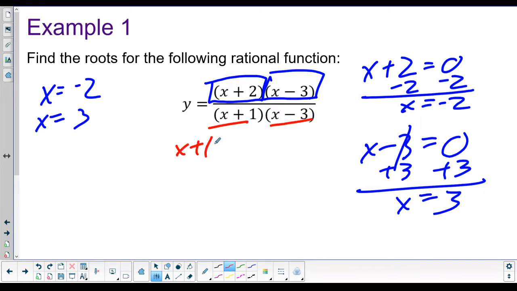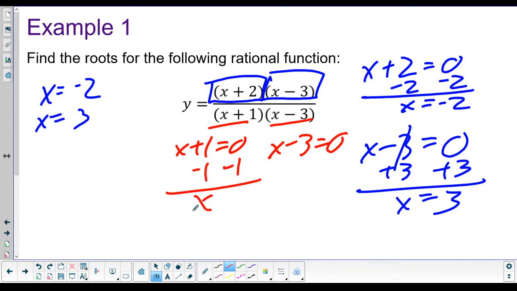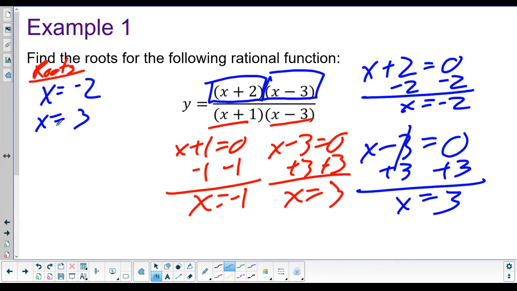So x plus 1 equals 0, x minus 3 equals 0, subtract 1, x equals -1, add 3, x equals 3. So these are our roots, and then I'm just going to put "rest" for restrictions. Our x equals -1 and x equals 3.